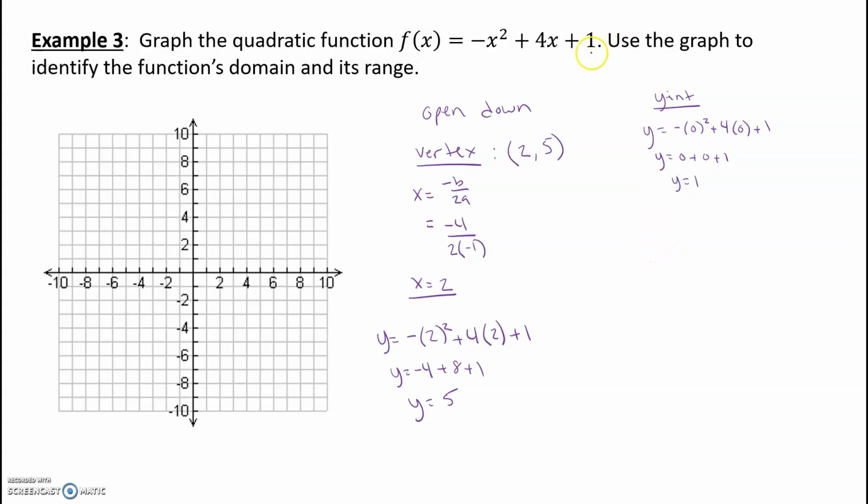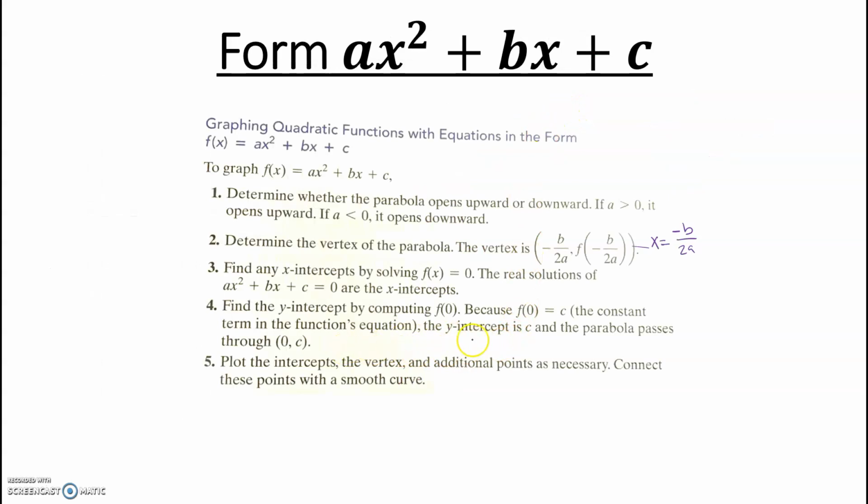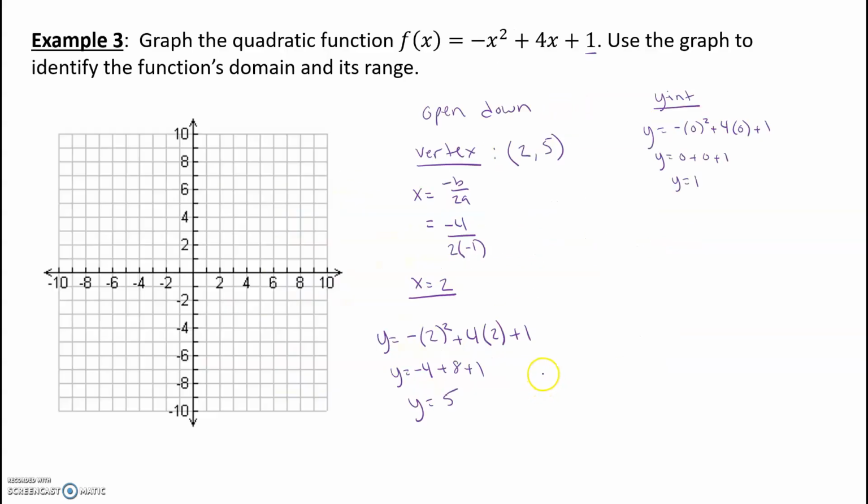Quick little trick: whatever your c value is, that is your y-intercept. If you look back at the notes on the last page, they did point that out. The y-intercept is c.